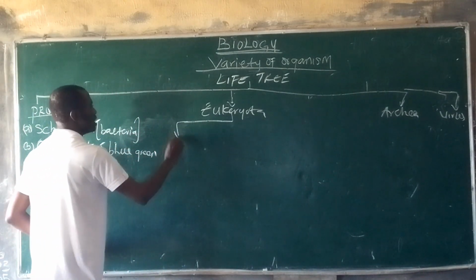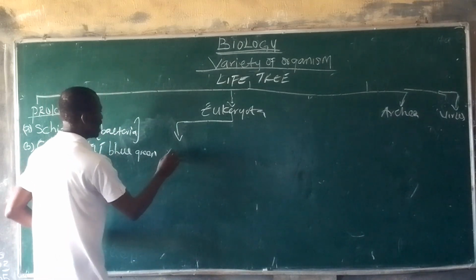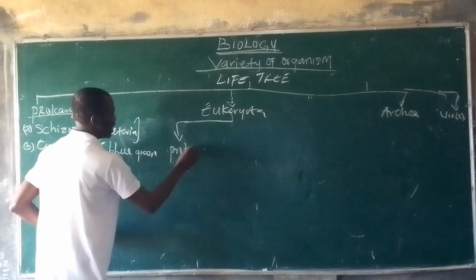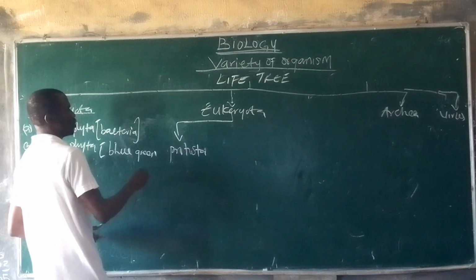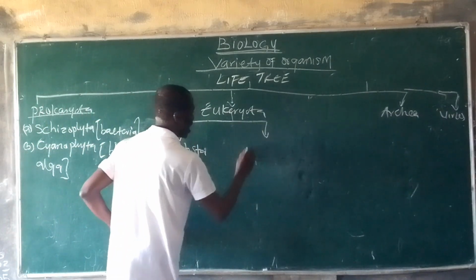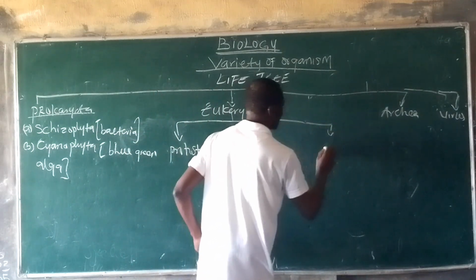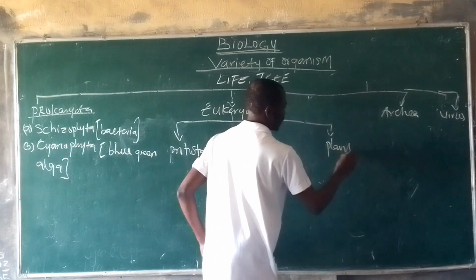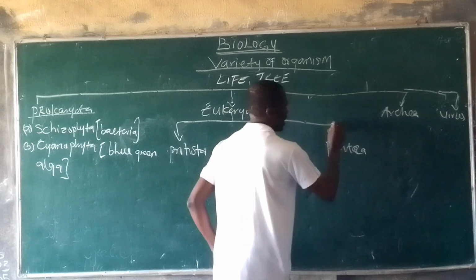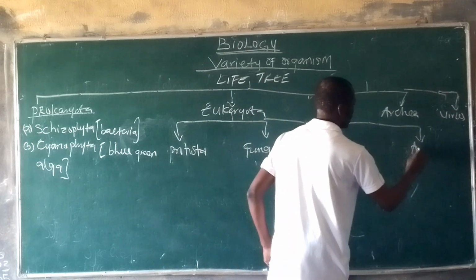So we have the eukaryota, which is divided into the protista, the fungi, the plantae, and then the animalia.